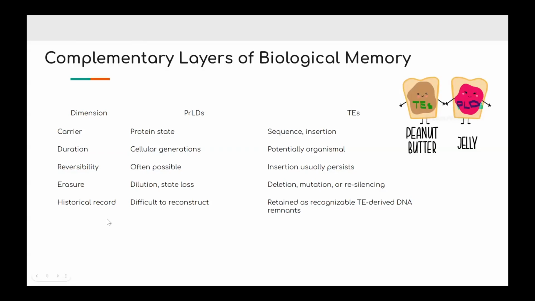So one way to think about this is that prion-like domain-associated states provide a more flexible form of memory, while TE insertions provide a more durable version of this.